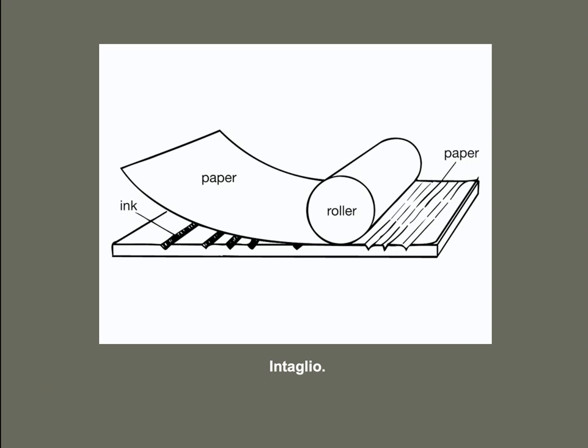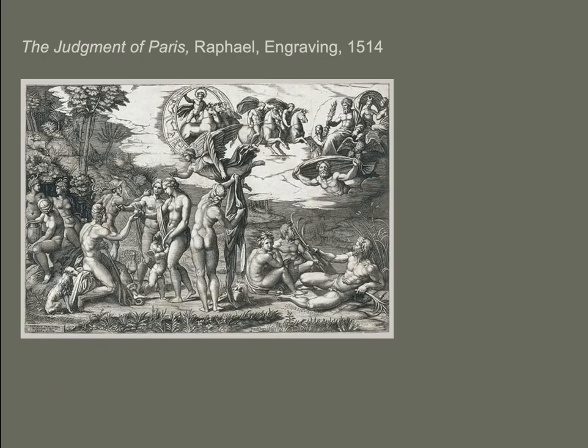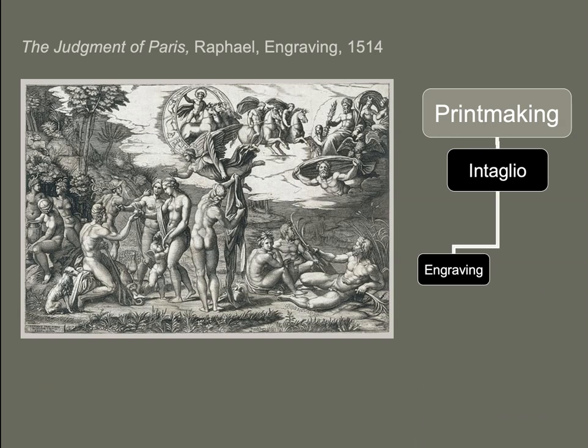The areas meant to print are below the surface. In intaglio, artists are using tools or acid to make depressions in the plate that the print is made on. There are different types of intaglio, such as engraving and etching, as well as aquatint and mezzotint.